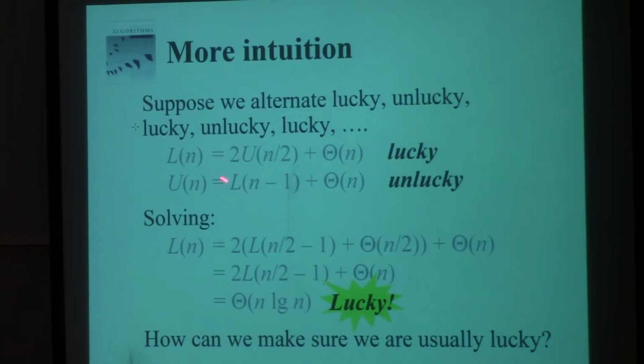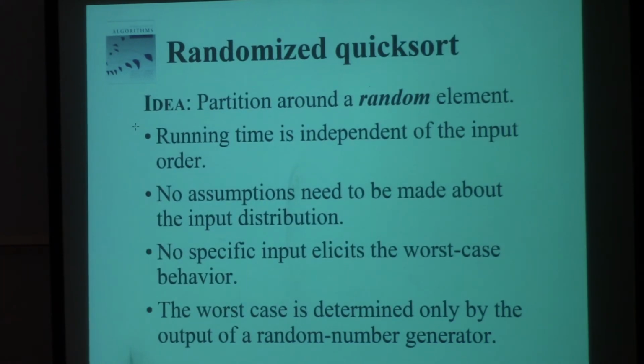So a lucky produces an even split and calls 2 unluckies in a partition. An unlucky receives an L of n minus 1 and a call to lucky. If we do that, then we have L of n equal to 2 times lucky of n over 2 plus theta n. And if we finish this recurrence, we're lucky again. So it's showing us that we are surprised that this is as good as it looks.